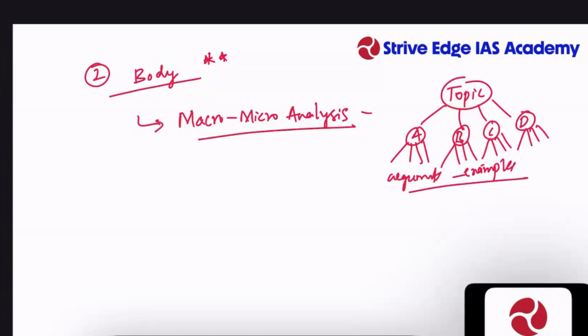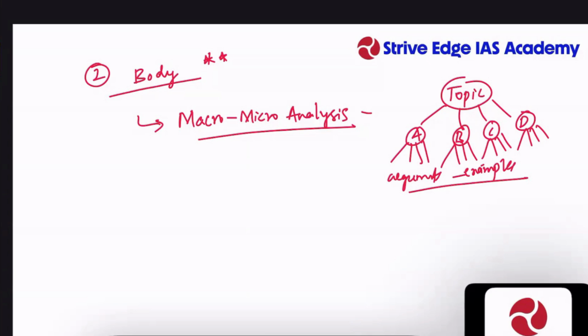This is how you get a proper structure for the topic, and your thoughts move in one particular direction. These themes will not directly appear in the exam or in how you write your essay, but this understanding is very important to write a good essay.